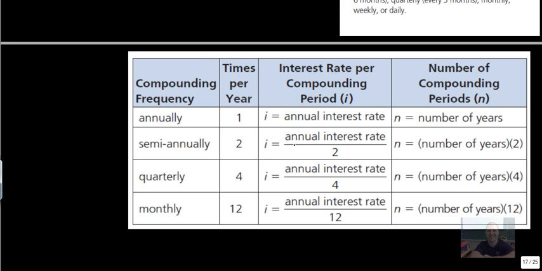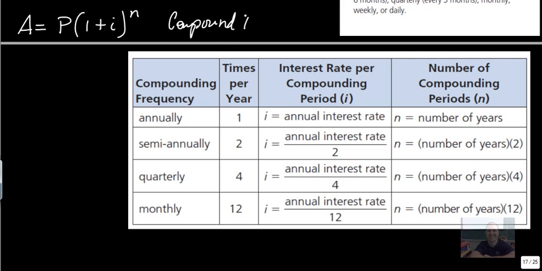So this chart is actually in your textbook as well. It's on page 29 if you want to go there. But this is a little explanation on where we get N from and where we get I from. Okay? So remember our formula here is A equals P times 1 plus I to the power of N. This is our compound interest formula.